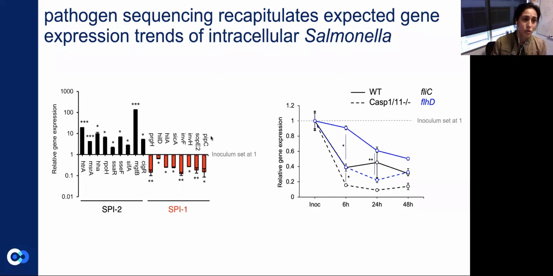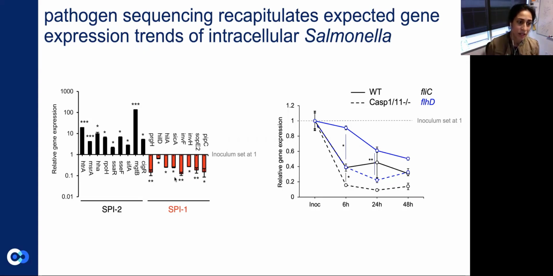When we sequence these intracellular bacteria, we find that we can recapitulate what we expect. At about 6 hours post-infection, Salmonella is housed intracellularly within macrophages. Mind you, all extracellular bacteria here have been killed with gentamicin, and only the intracellular bacteria are being sequenced.